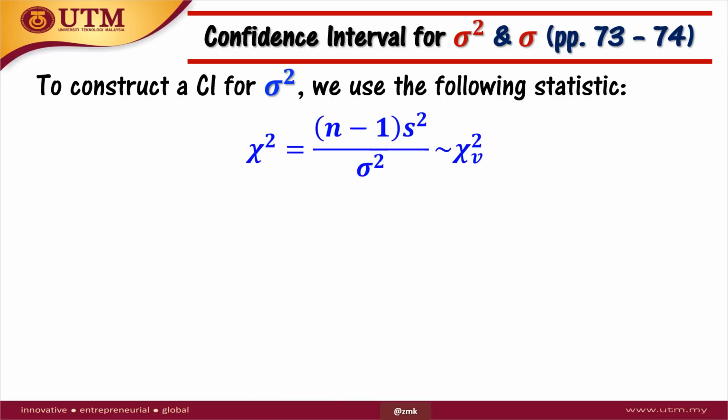Chi squared equals n minus 1 times S squared divided by sigma squared, which is distributed with a chi-square distribution with the degrees of freedom nu equals the sample size n minus 1.